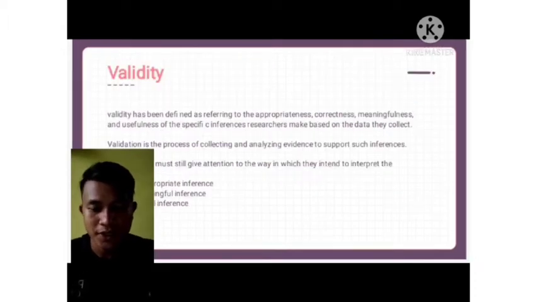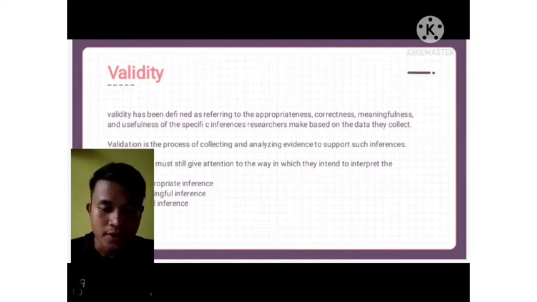And the next is validity. Validity has been defined as referring to the appropriateness, correctness, meaningfulness, and usefulness of the specific inferences researchers make based on the data they collect.